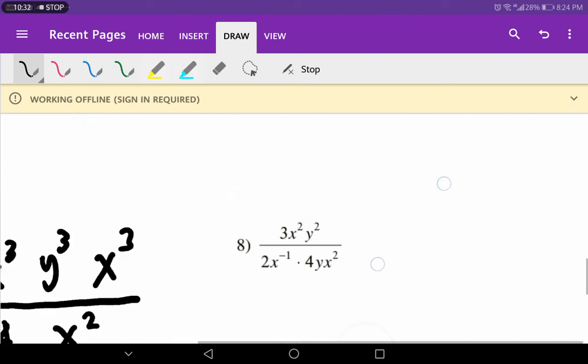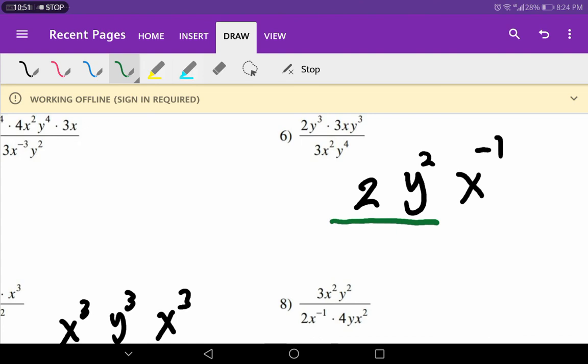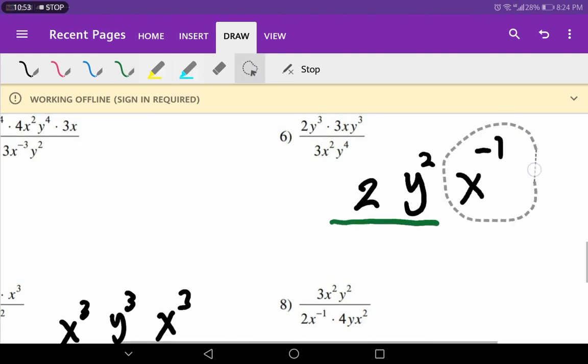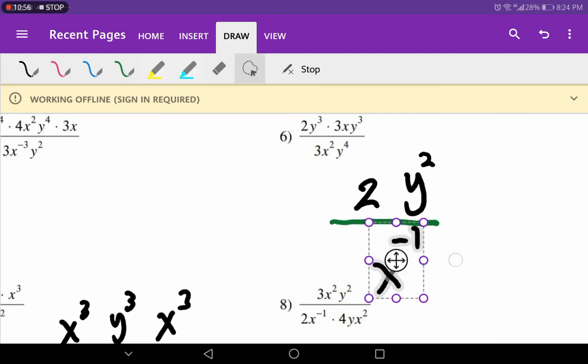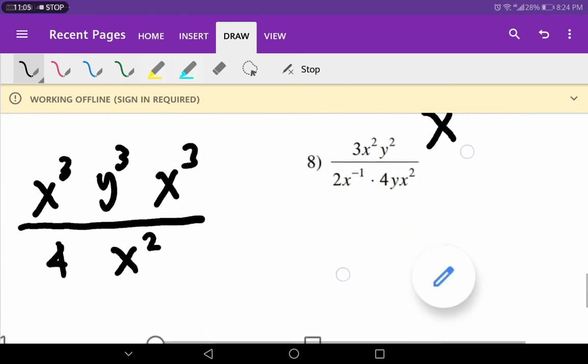Regarding question number 7, my dear student, by the way, the answer to the previous one was 2y square, x with power negative 1. You have to write this one to complete this question, and put this one here. Why? Because it is a negative power, so you put it down. Forgive me, my dear student. Okay, now we are here, my dear student.